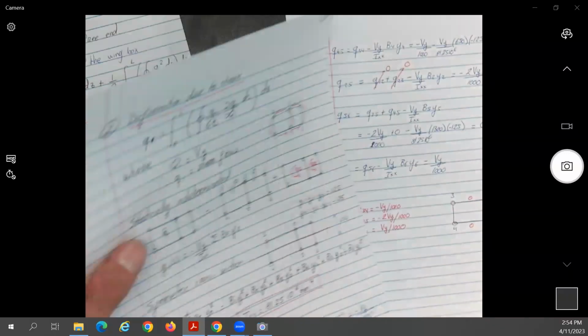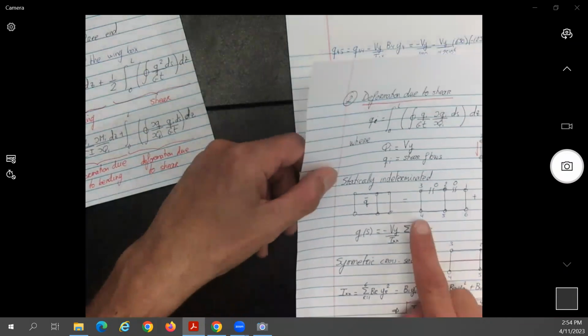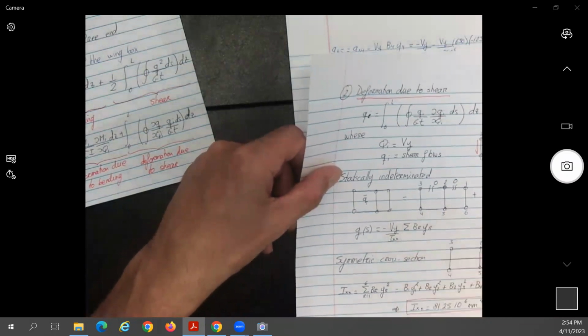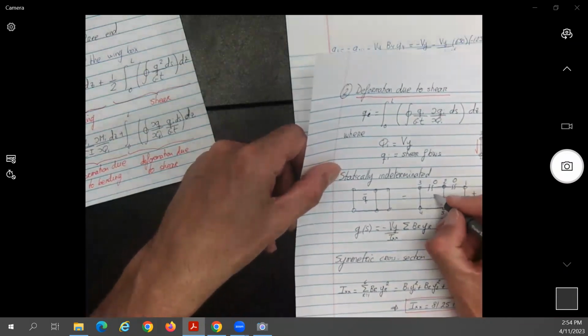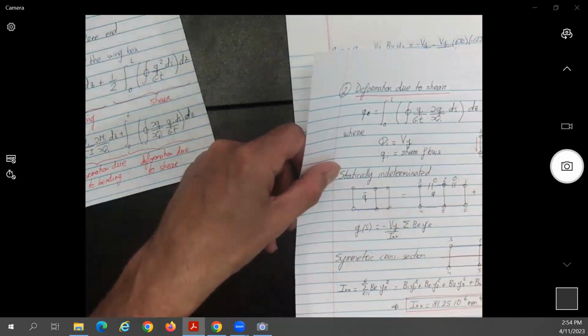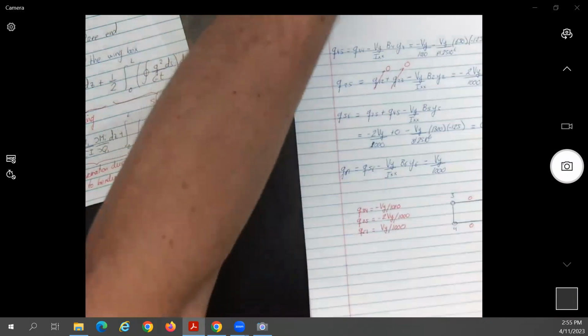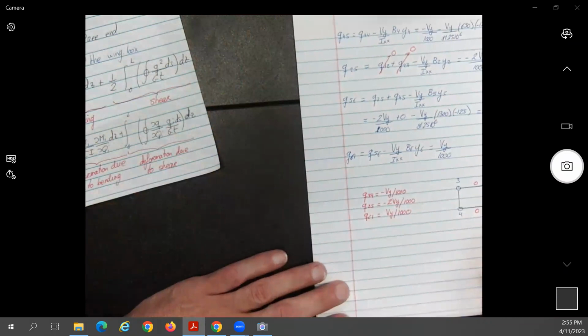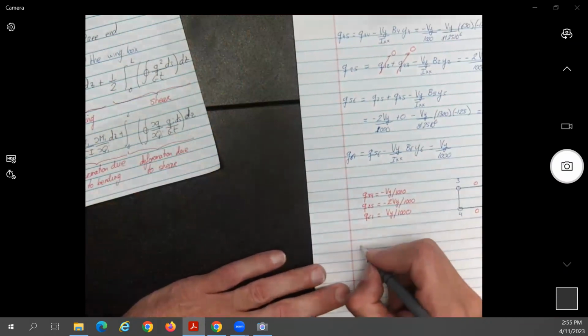Okay, so now when we look at this, we did this part of the solution, no? We need to find the Q's. You find the Q's. Now we need to find this part here. We need to find Q sub 1 and Q sub 2, no? Okay. So what is the condition we're going to use for that? So what do we know?